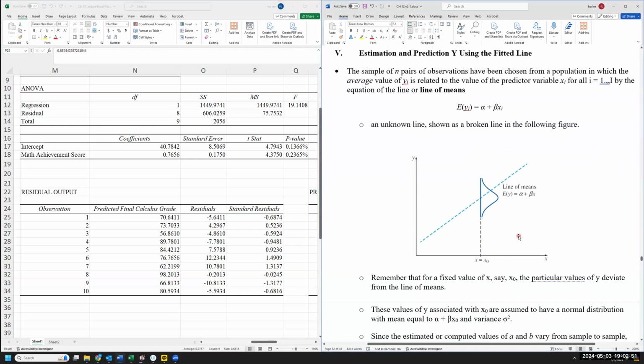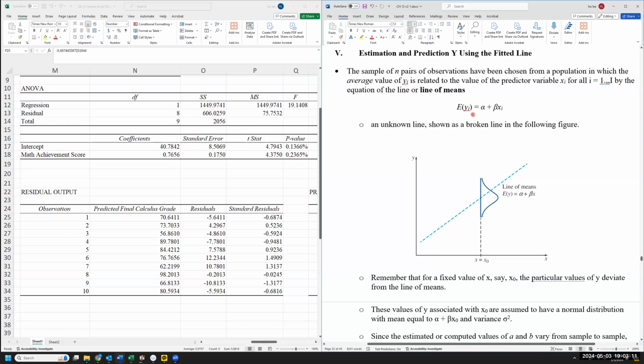Estimation versus prediction. Okay, let's go into that. Estimation versus prediction. And specifically, estimating y versus predicting y. Remember, we have this line of means.